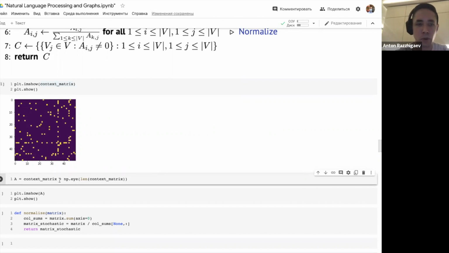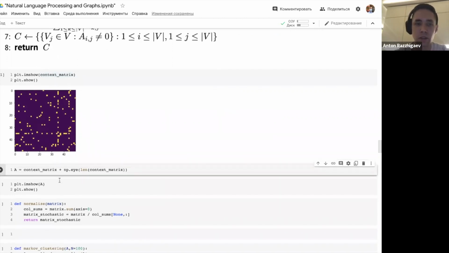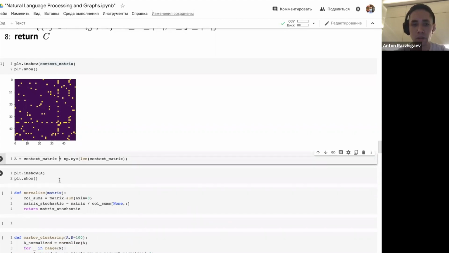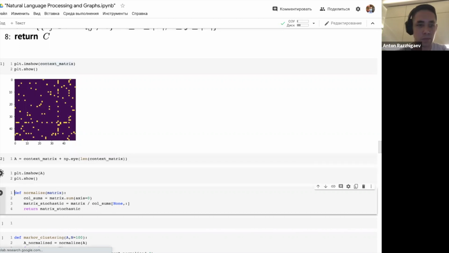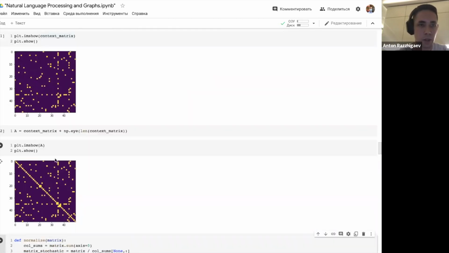The first step of the algorithm is adding self loops, or self-neighboring of words, to the matrix. Effectively, it looks like adding a diagonal matrix like this. So now we add such a diagonal.